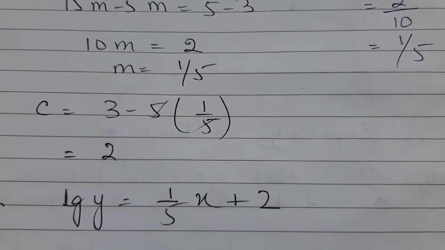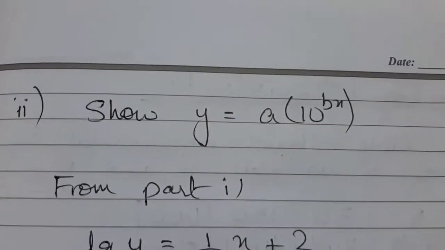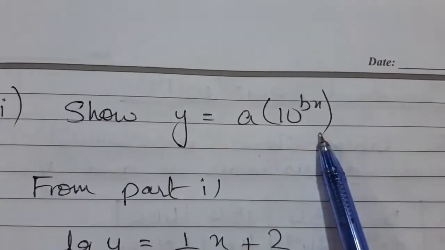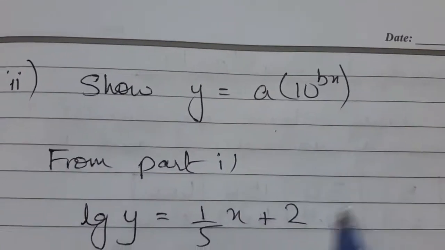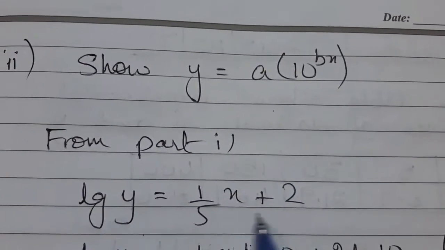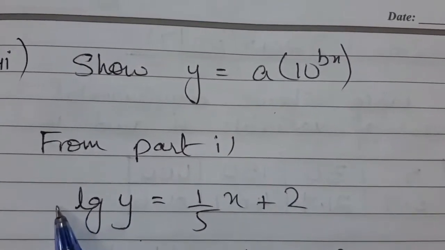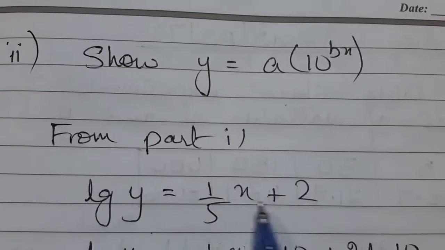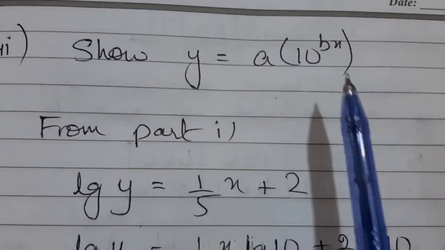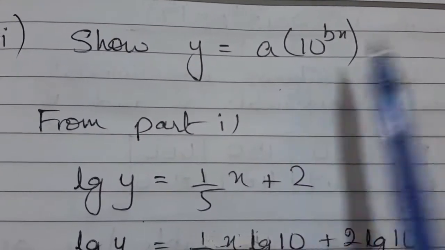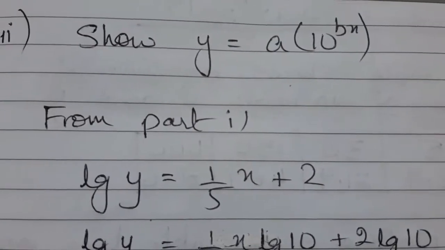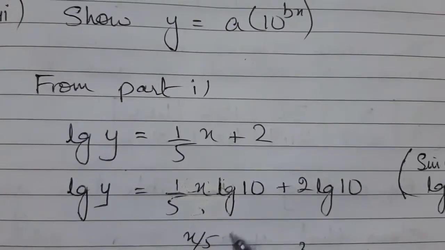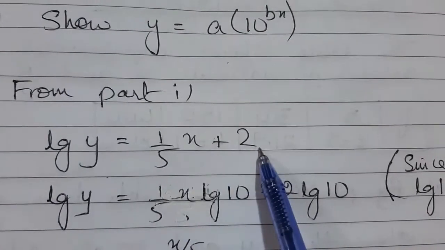Let's see what the second part of the question is. It is saying show y equals this. Now you have gotten this thing from part 1. You can see there is no 10 given here, and what you have to show is with base 10. So I am writing LG10 with both the terms.